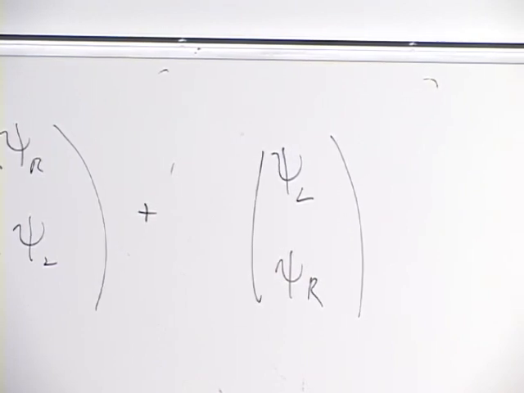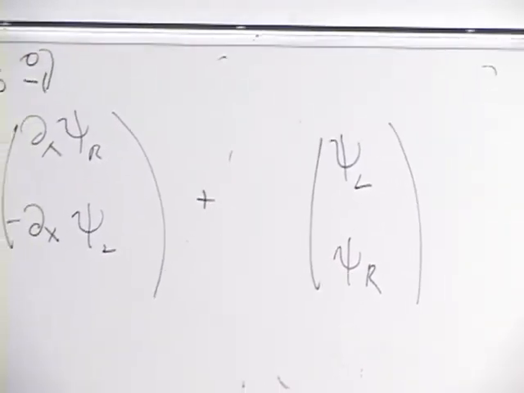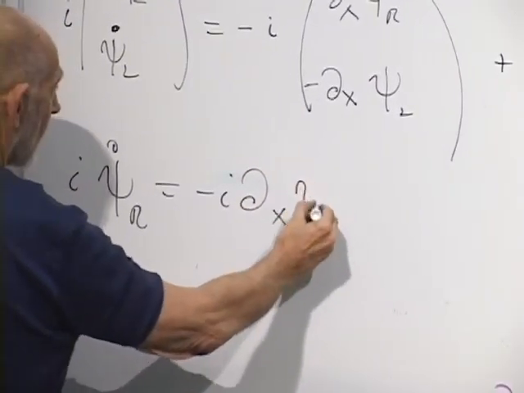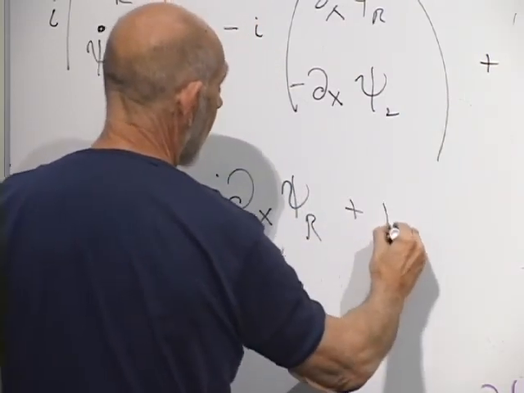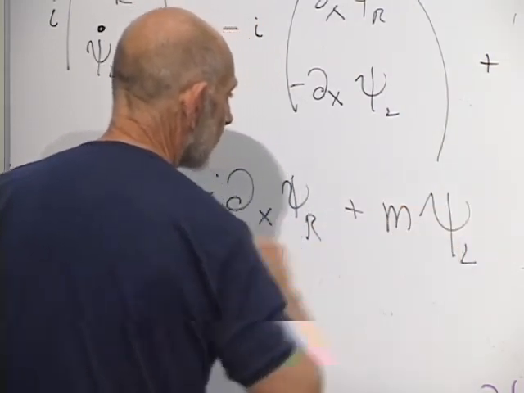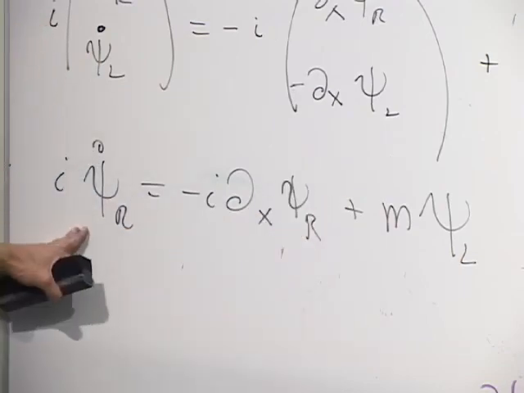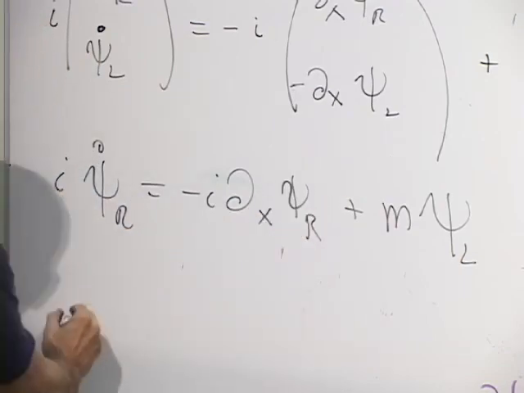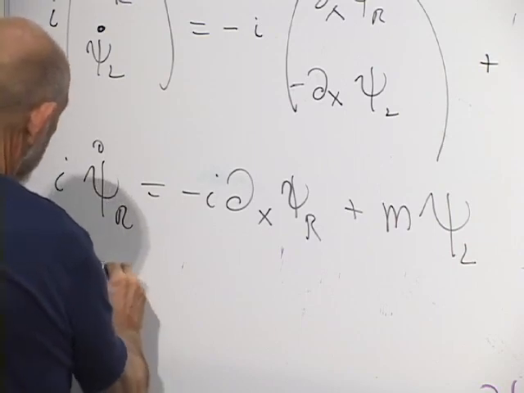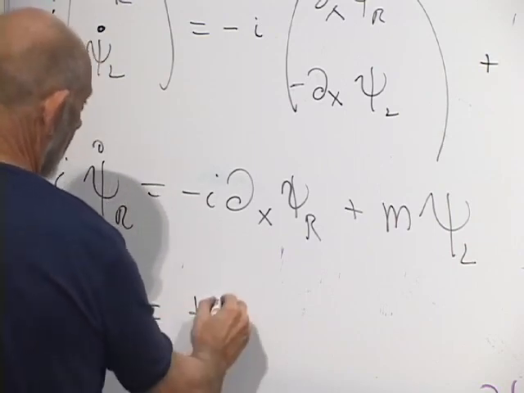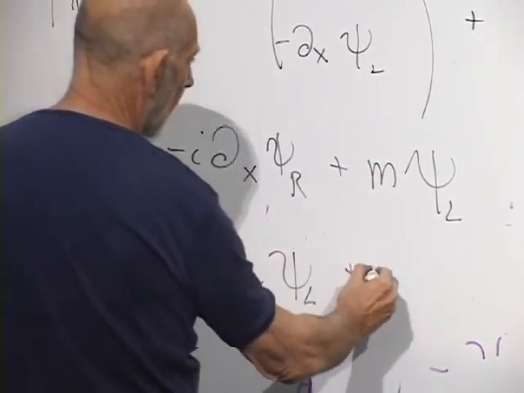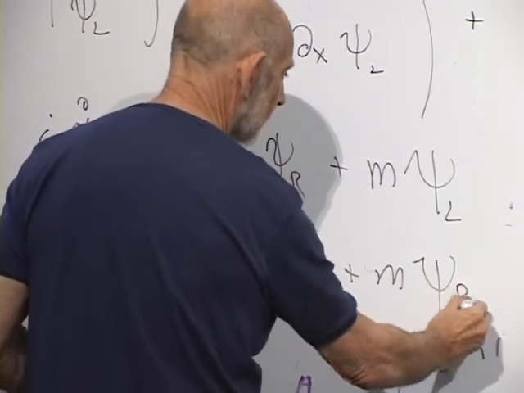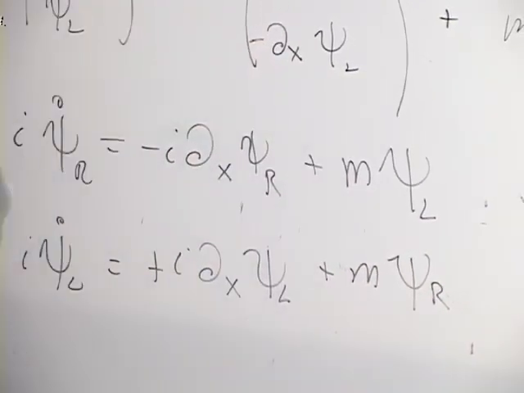I psi right dot is equal to minus i dx psi right plus m psi left. It throws psi left into the equation for psi right. And likewise, i psi left dot is equal to plus i dx psi left plus m psi right. That's explicitly what the equations say.